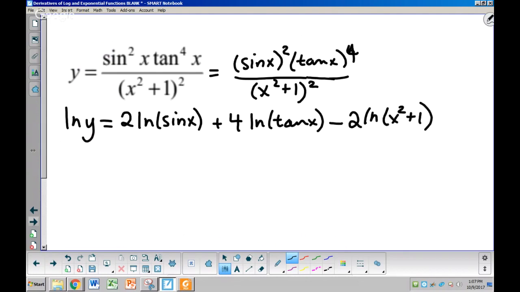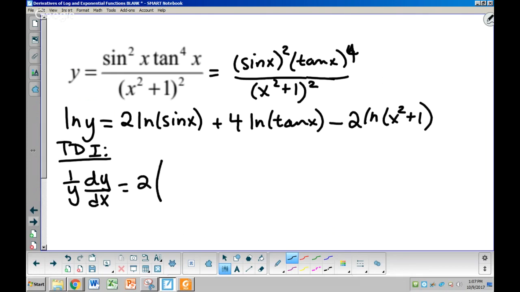And now, may I take the derivative implicitly? Here's my abbreviation. Take the derivative implicitly. 1 over y dy/dx equals 2 times f prime over f. What's the derivative of sine?